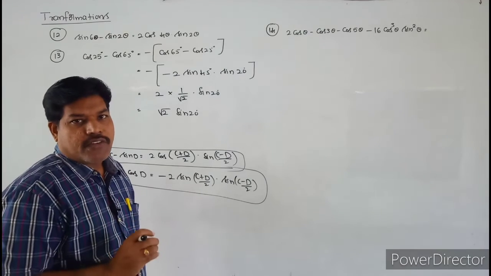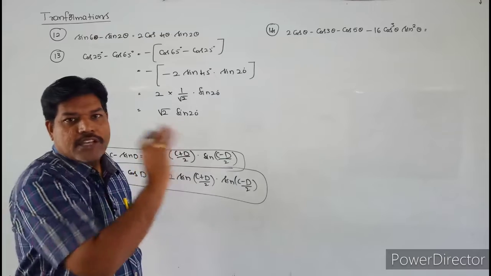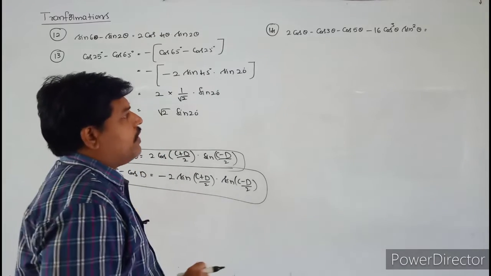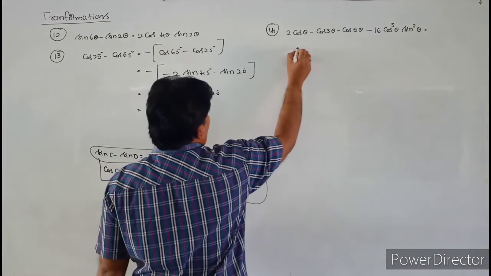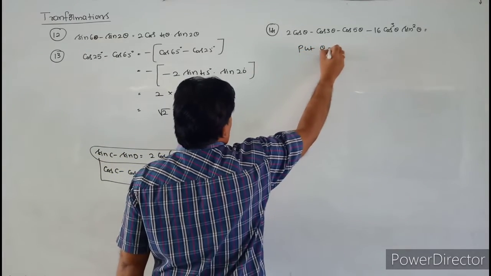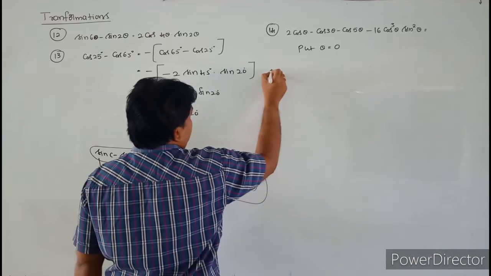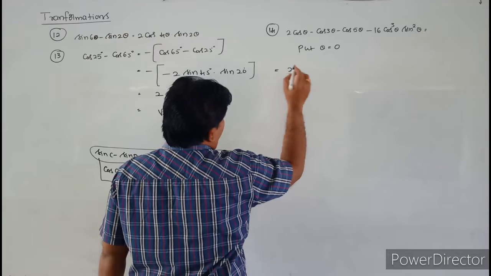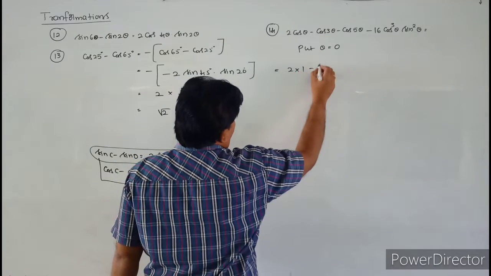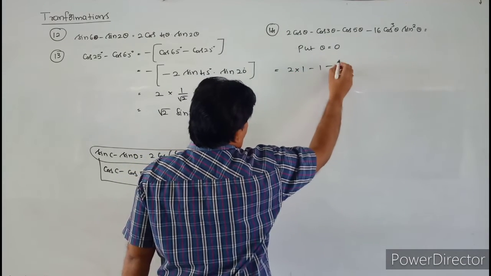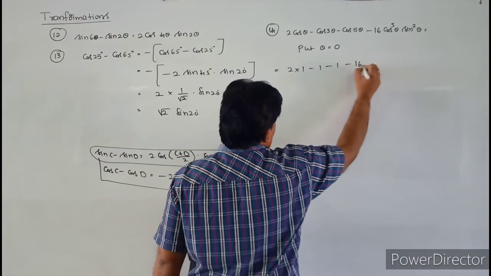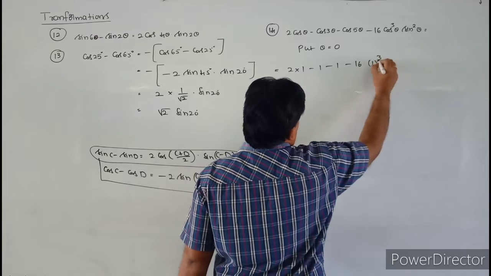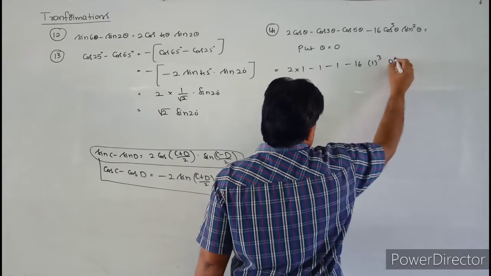So I will take the easiest angle and substitute it in this expression. Then automatically you will get the answer directly. Take theta is equal to 0. Then it becomes 2 into cos 0, which is 1, minus cos 0 which is 1, minus cos 0 which is 1, minus 16 into cos 0 which is 1 cube, into sin 0 which is 0.